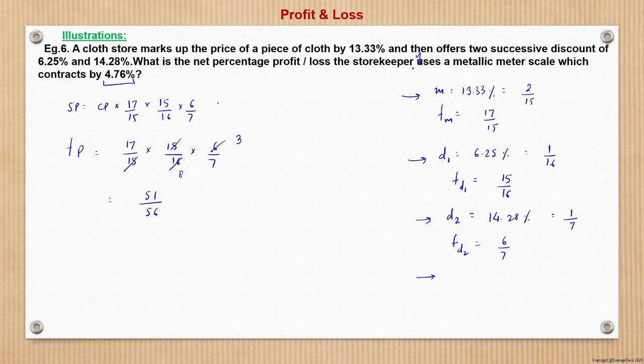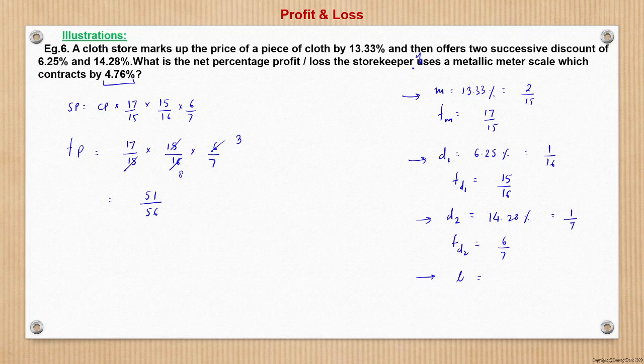Now the fourth factor is the contraction factor, right? Contraction factor, that is a meter scale. Let us assume that to be a length factor. So length factor here is what? Now see, the meter scale contracts by 4.76%. So this has a profit generating impact to the shopkeeper. Why?